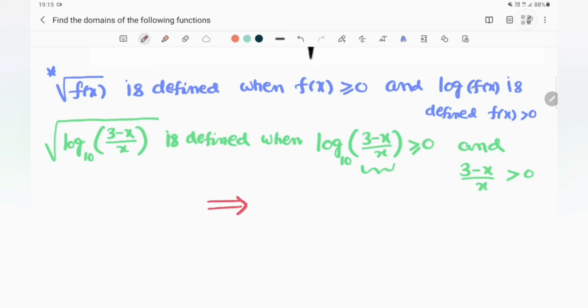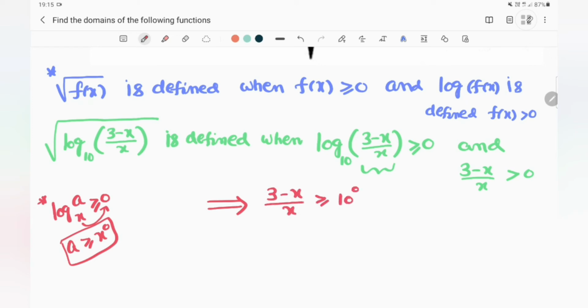So that implies that here if you remove log, 10 power 0 will come. So here you remember one more important hint: log a to the base x is greater than or equal to 0 means if you remove this log, a is greater than or equal to x power 0, here the base power will come there. So based on this, 3 minus x by x is greater than or equal to 10 power 0. 10 power 0 means 1, anything power 0 is 1, and 3 minus x by x is greater than 0.